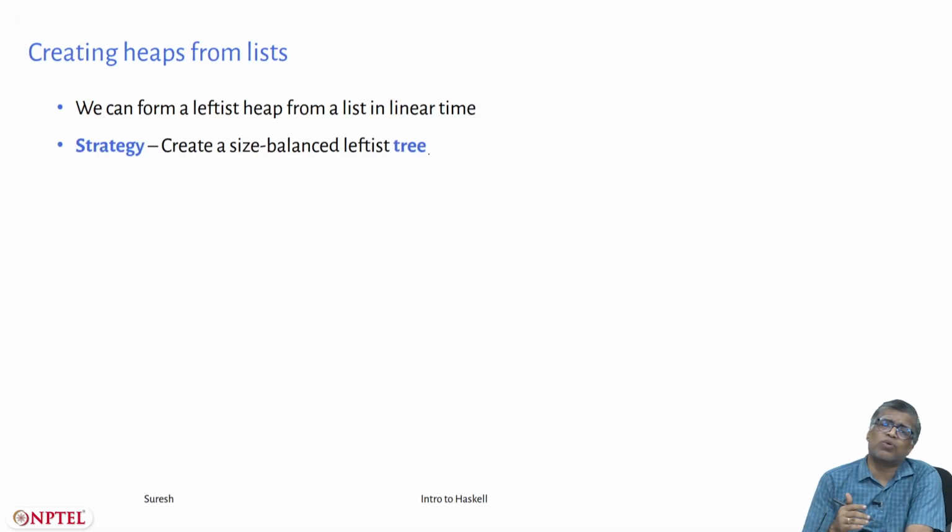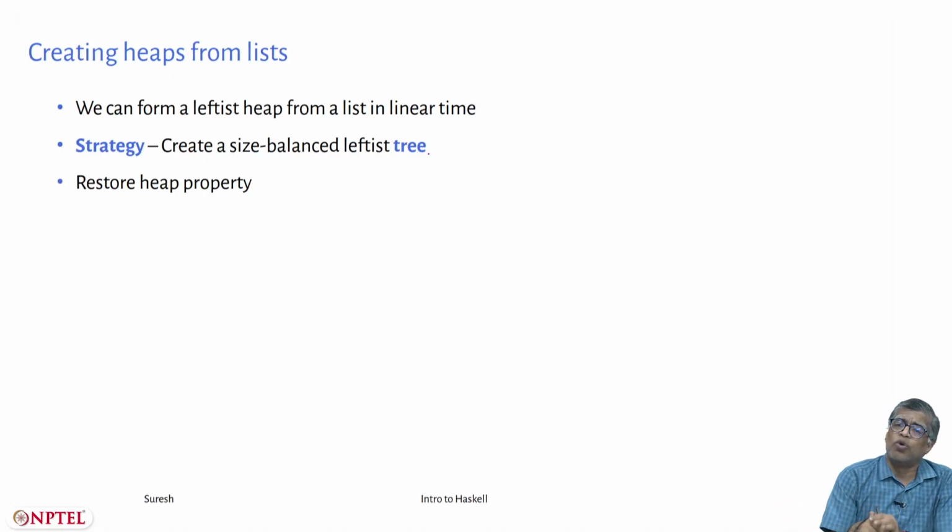So the strategy is to create a size balanced leftist tree, okay, and then restore the heap property. You first create a tree without worrying about the heap property, and then you restore it. I know that it is size balanced, I need to just restore the heap property by rearranging the elements.